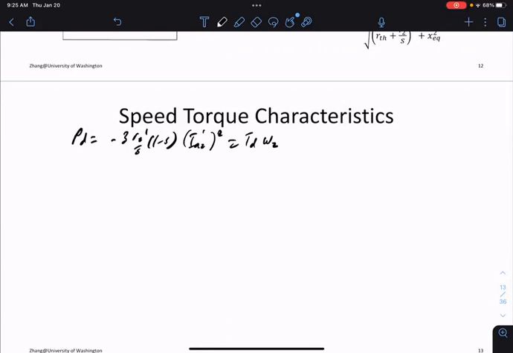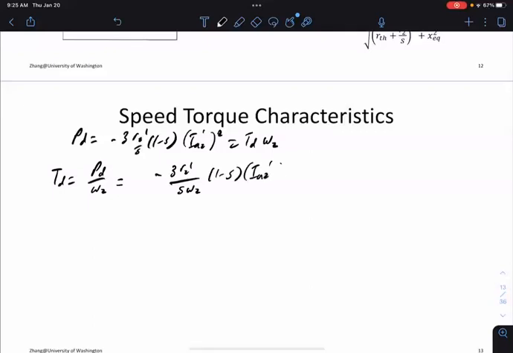If you write this out, then the torque becomes minus 3 R2 prime S over omega 2 times 1 minus S, times IA2 prime squared.